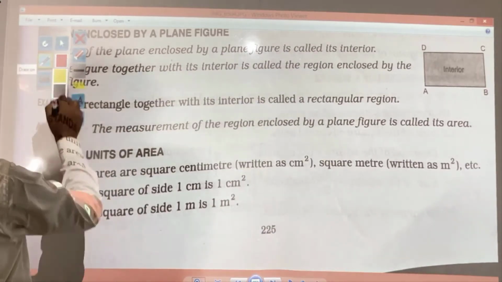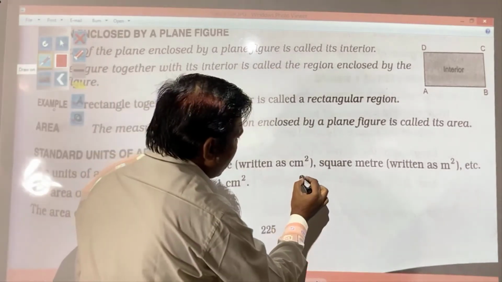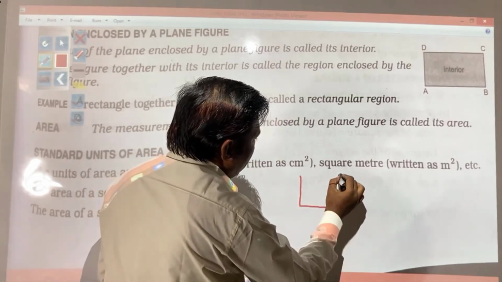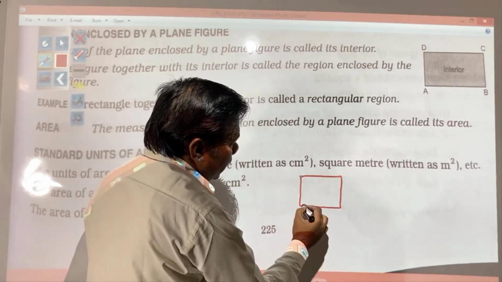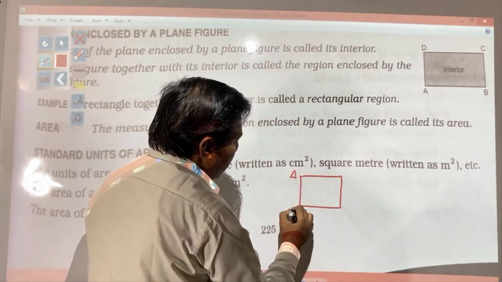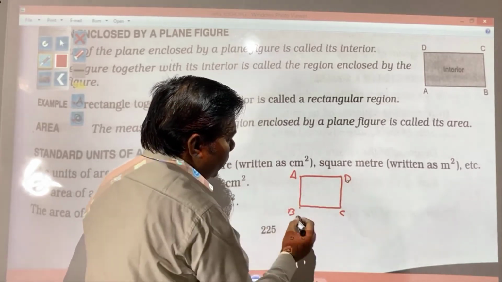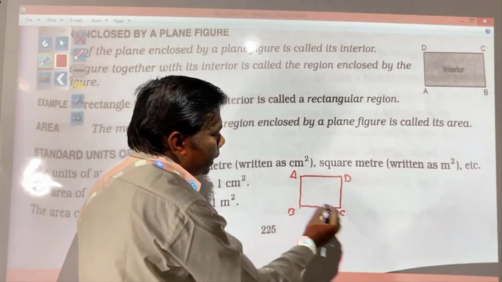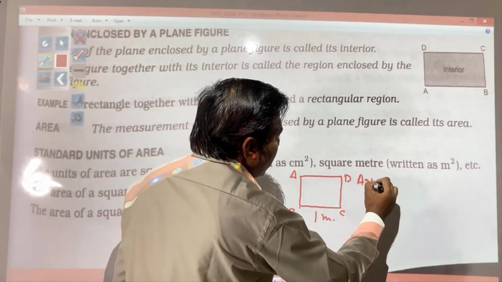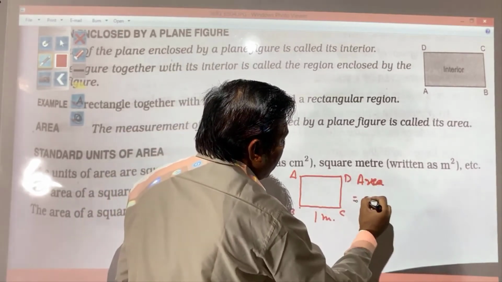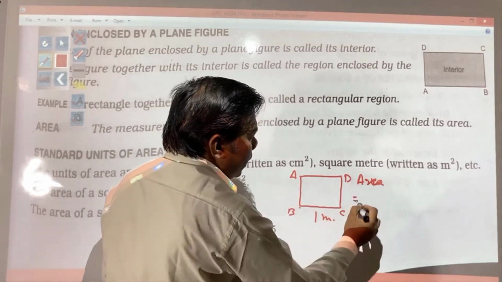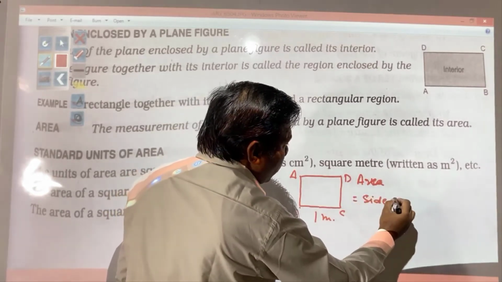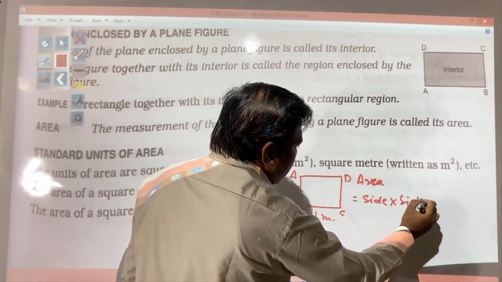Here you see, suppose you have a square ABCD, and the length of one side is 1 meter. In this case, what will the area be? Area is side into side, or a square we write.